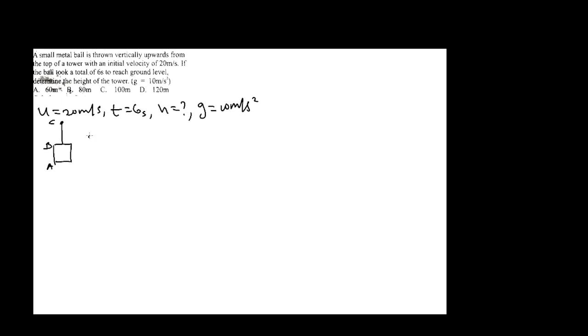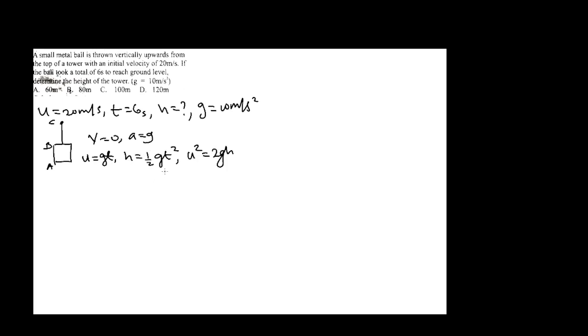Hence, we have that our final velocity is equal to 0. So if final velocity becomes 0, a is already g because we are dealing with a vertical motion. Then the three equations of motion will reduce to become u equal gt, h equal 1 over 2 gt square, and u square equal 2gh. So this will be the whole of the equations that we have right now.